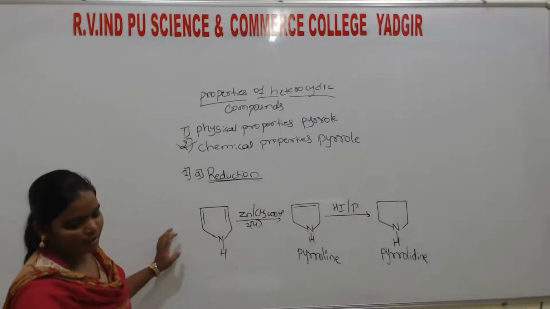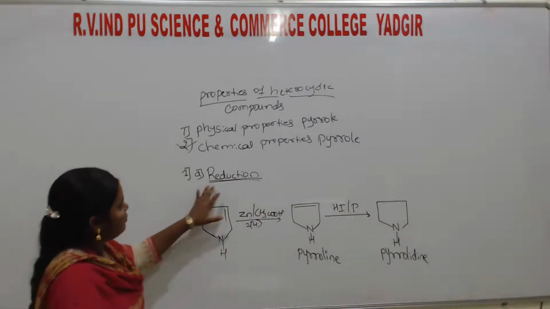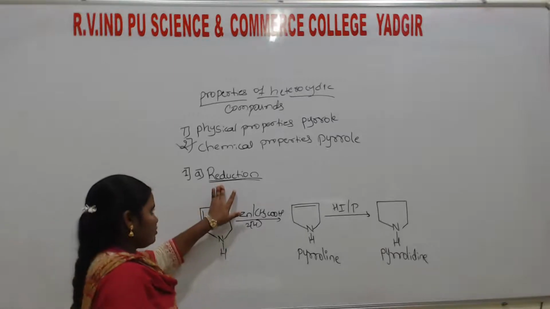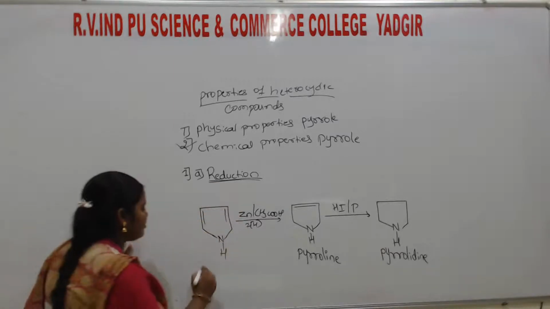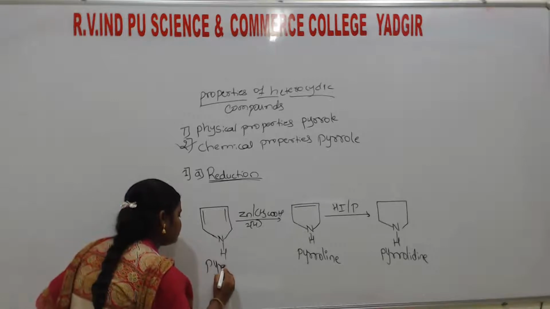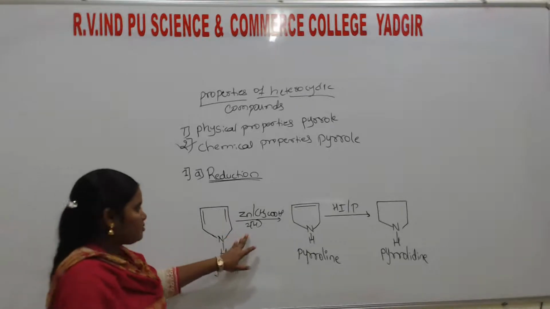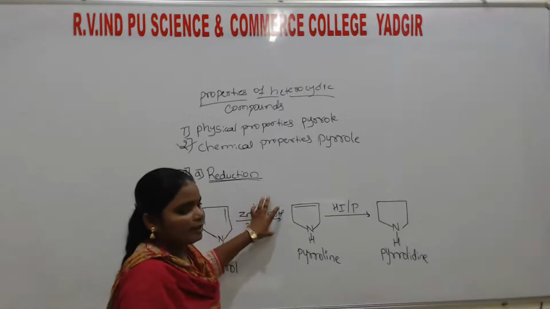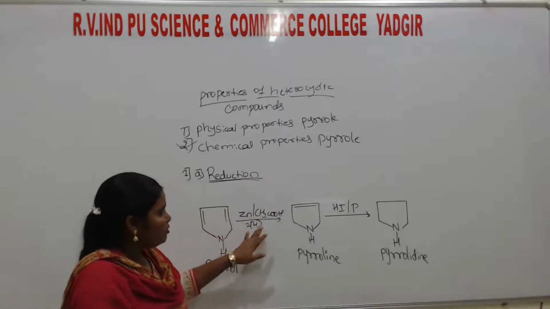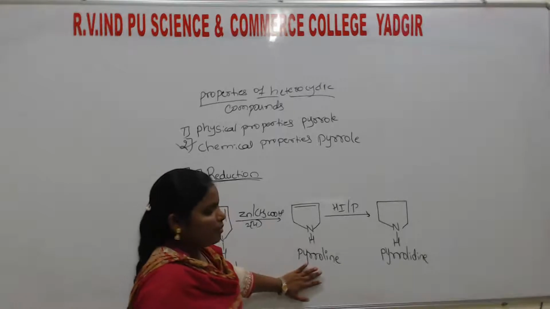First chemical property, reduction of pyrrole. This is pyrrole. Reduction takes place here with zinc and acetic acid, 2H, and the product is pyrroline.